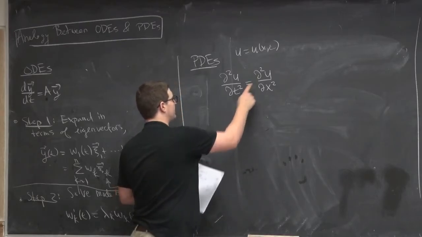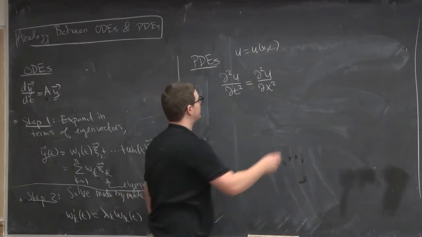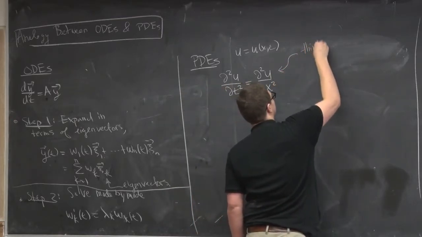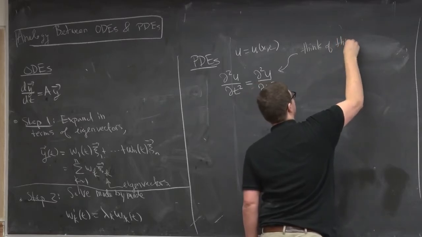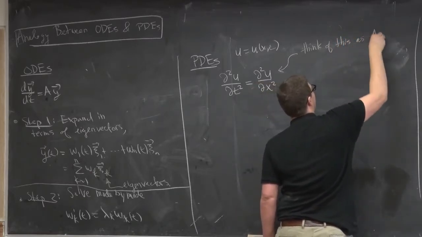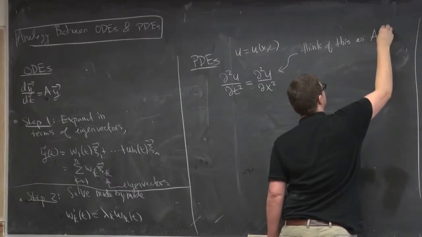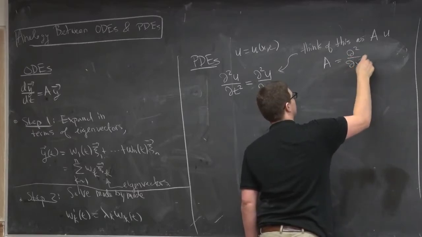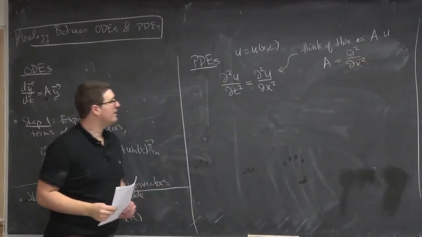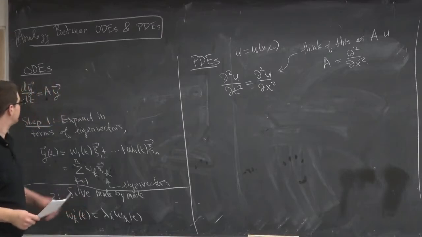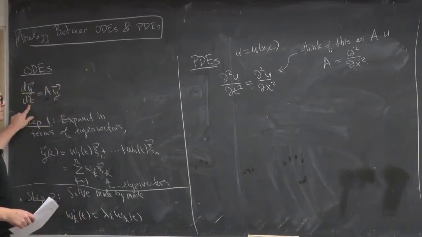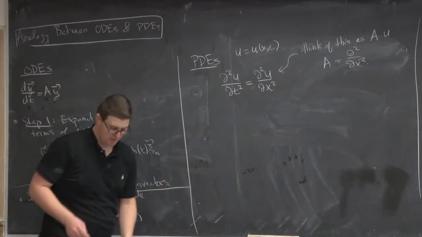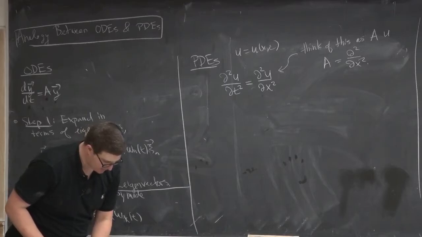We had a v squared here or something like that, okay? And so we think of this thing as A applied to u, where A is d squared/dx squared. So it's like this situation where we have something on this side, and an operator applying to our function here. So what we do is we expand.